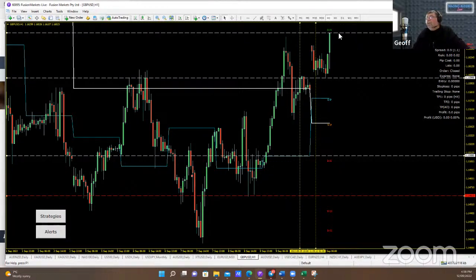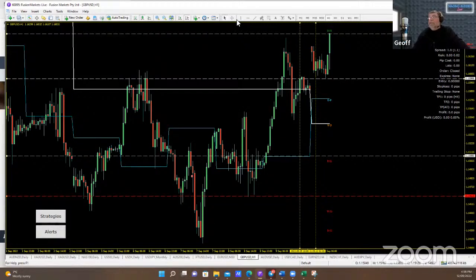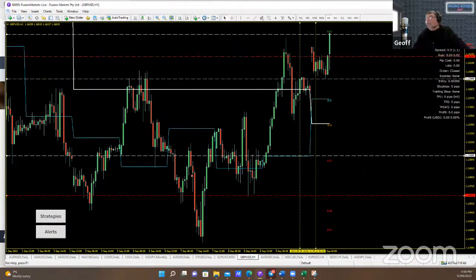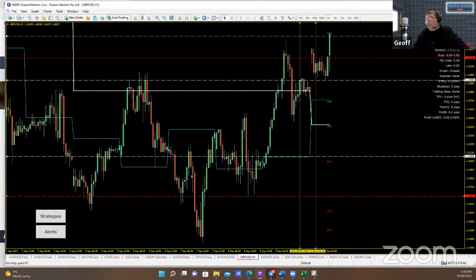The high of the range at this very moment is 116.53. That gives us 53 pips of range. Therefore, our midpoint is 26.5 pips. That's pretty easy today because I've only got to go from 0 to 26.5, which is bang on there. But it's now moved a little bit further.